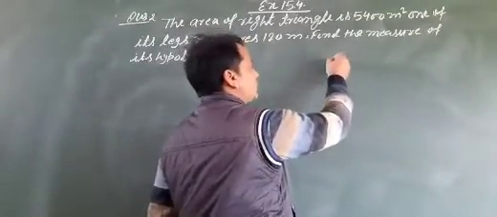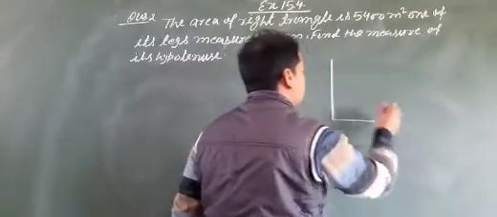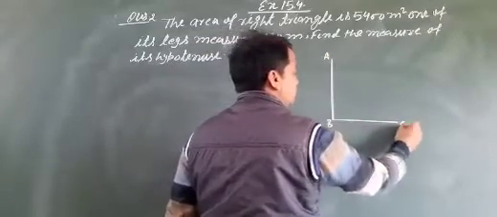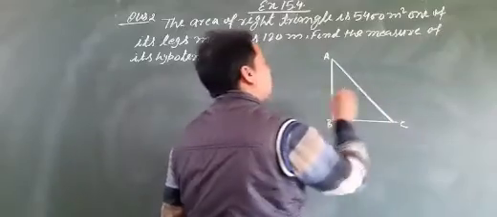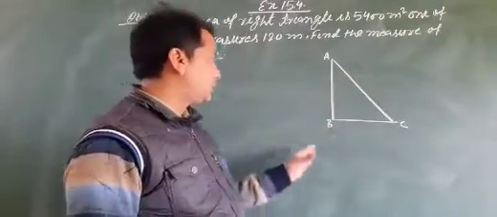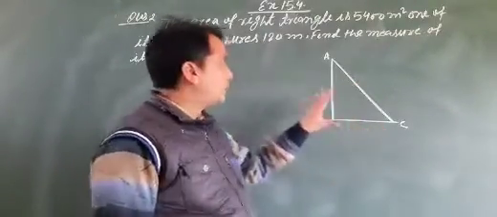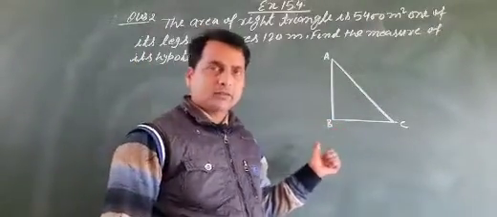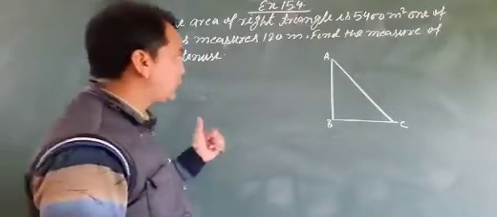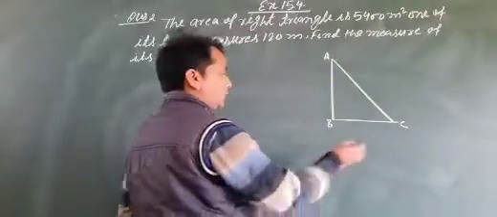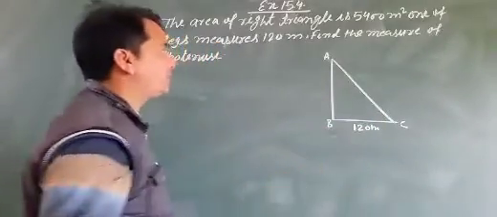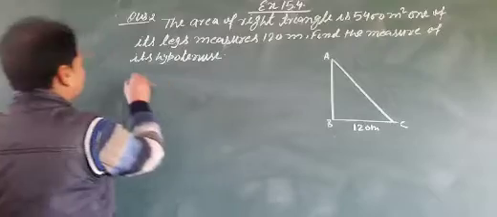Now suppose a right triangle ABC, right angle at B, and AC is the hypotenuse, BC is the base and AB is the height. Its leg measures 120 meter, so BC is 120 meter and area is given as 5400 meter square. Now solution.